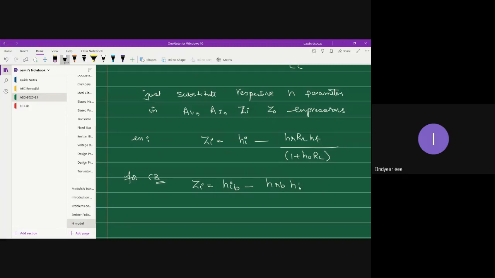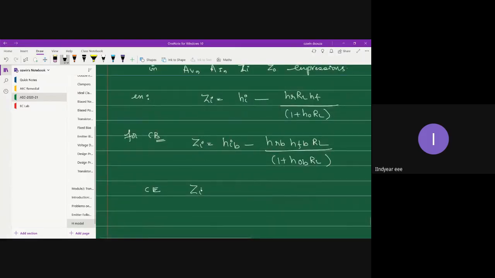In place of HF, you have HFB. RL remains RL, divided by 1 plus HOB into RL. On the other hand, for common emitter configuration, the same impedance, you will have the following description. Zi becomes HIE minus HRE HFE RL divided by 1 plus HOE into RL.